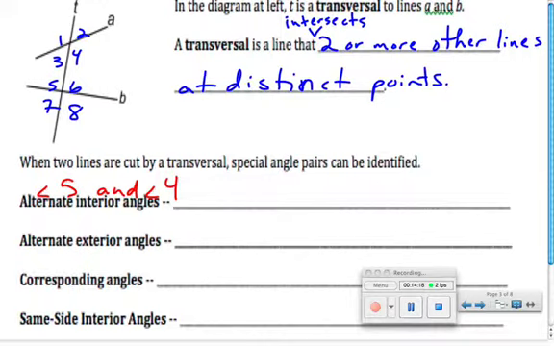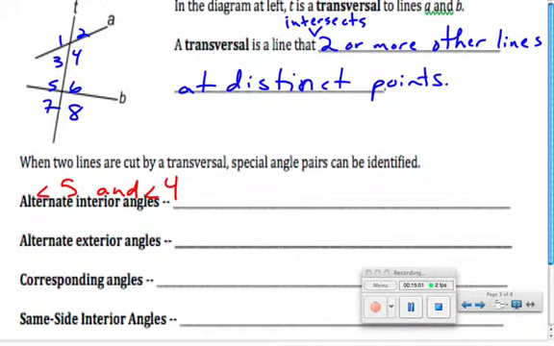All right, so alternate interior angles, like angles 5 and 4, how would we describe those angles? If you were talking to one of the students that's absent today, how would you describe them to a friend? It's the angles on opposite sides of the transversal that are inside of the other two lines.